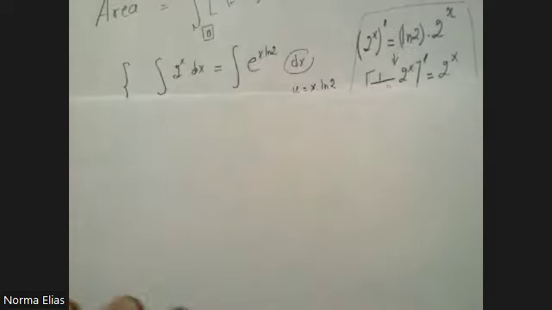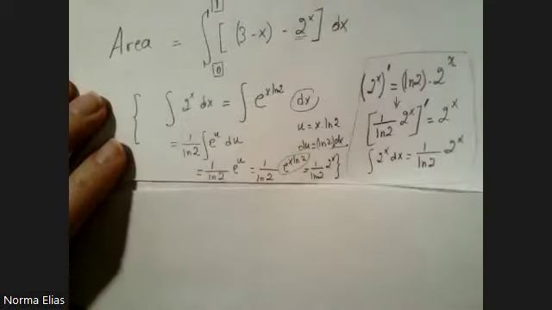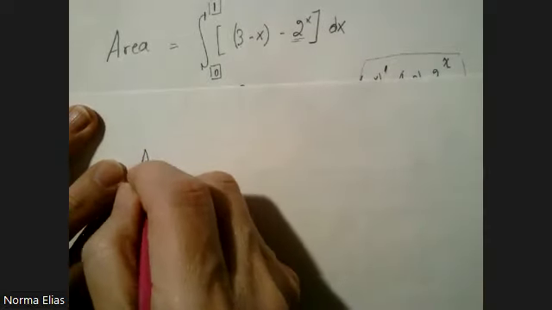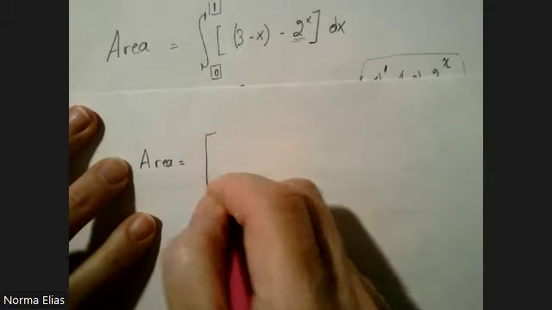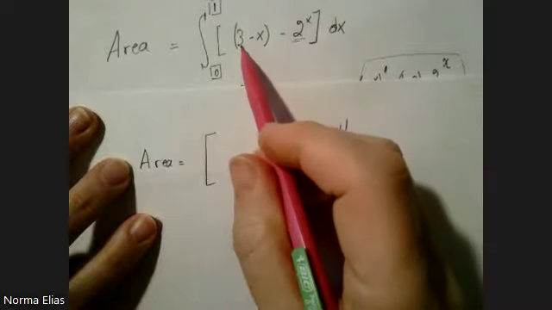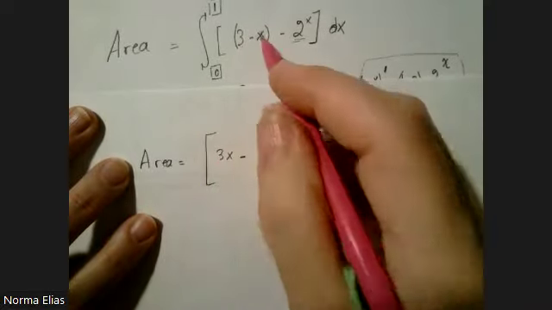Don't let go. All right, so now I go back and evaluate the area. So the area is, now I evaluate every term, from 0 to 1. Antiderivative of 3, easy, 3x.